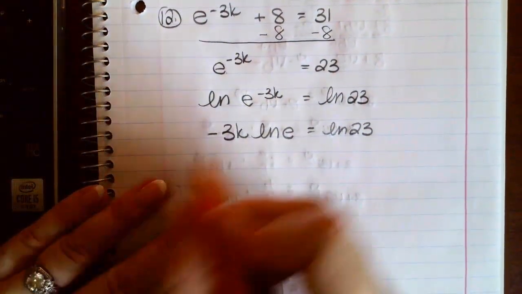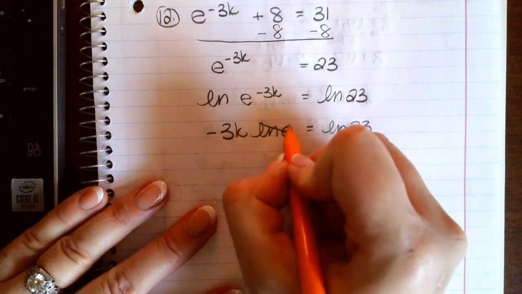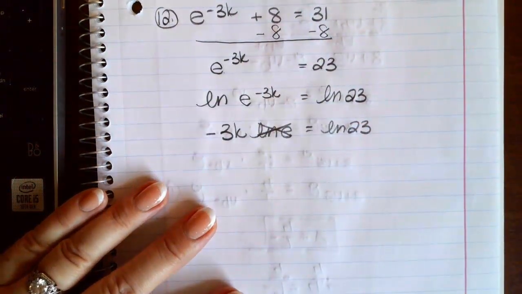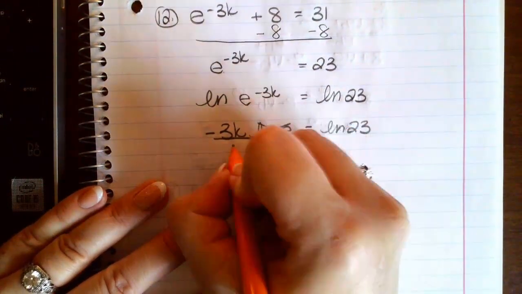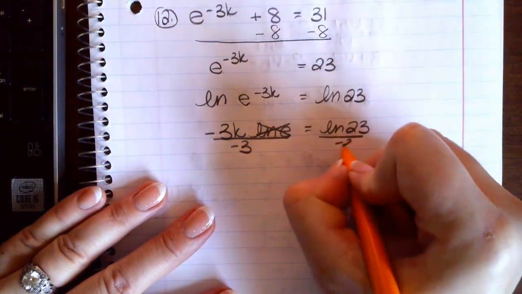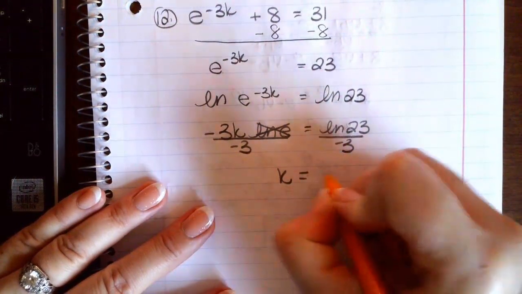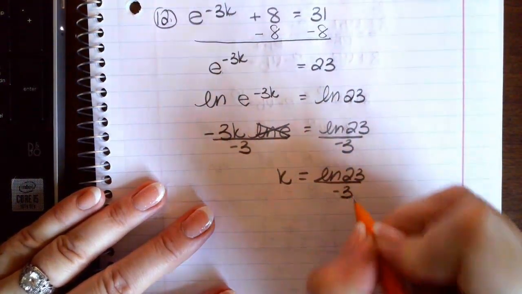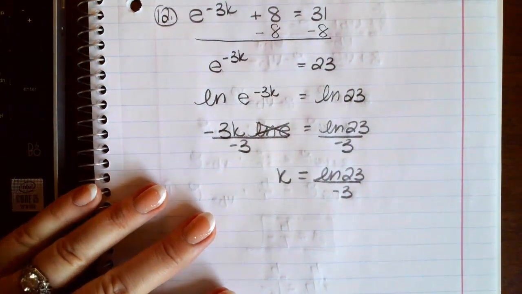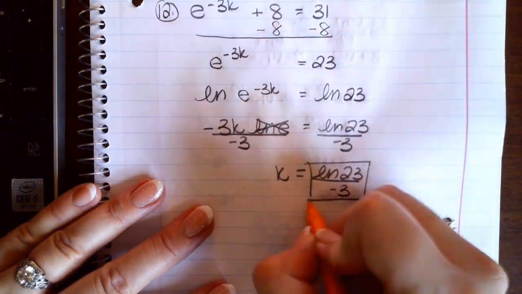And if I remember, natural log of e is the same thing as 1. So now just to solve for k, I can just divide both sides by negative 3. So I have k equals the natural log of 23 over negative 3. And so that is my final answer.